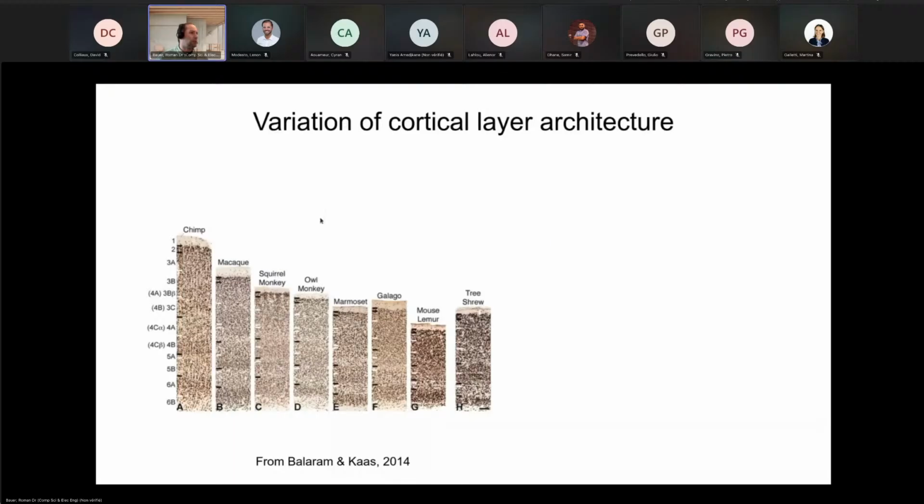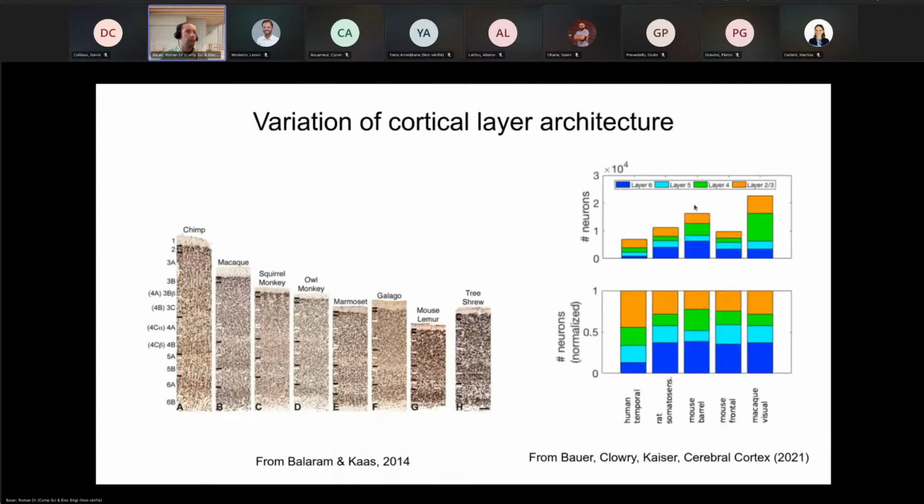What is also interesting is that this is a very universal architecture, but the layers and their thicknesses and the numbers of cells in those layers change a lot depending on what kind of species you look at. So different species have different types of layer architectures, and it also changes even within the same brain or same species, but in different parts of the brain.